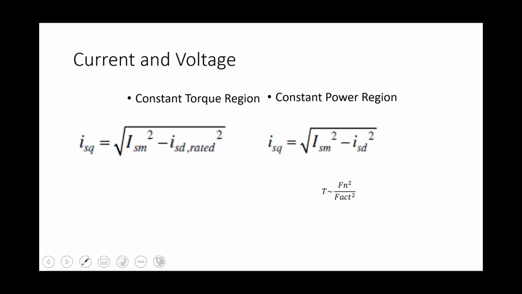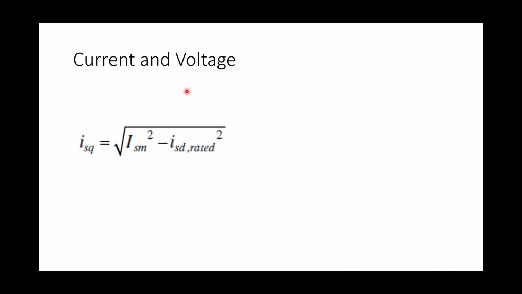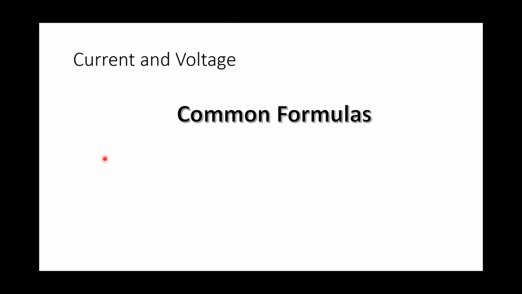So I will leave you with some formulas. In both cases, either constant torque or constant power, the current for the machine, or the relation between the D component and Q component, will always be the same. So if you know these things, you can find out your magnetization current. Speed for the machine is 120 F by P, the synchronous speed.